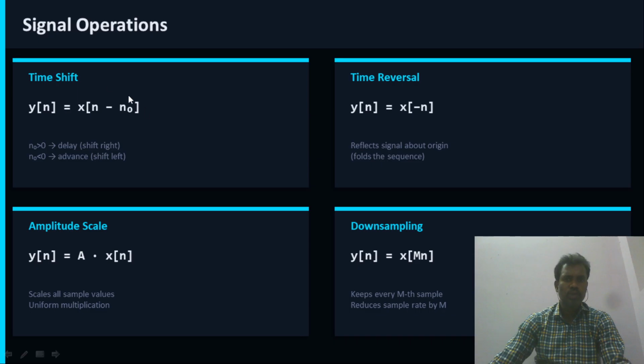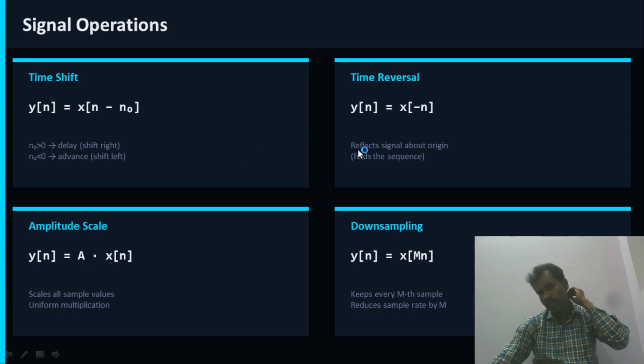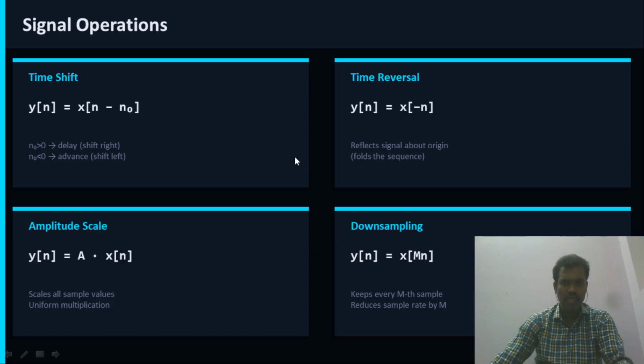So the two main operations we perform on time are time shifting, where the signal is shifted, amplitude is not changed, the same signal is shifted to another time, and time reversal. Time reversal means the same signal, but reversed. Negative side samples are represented on the positive side, and positive side samples on the negative side. That is called time reversal.